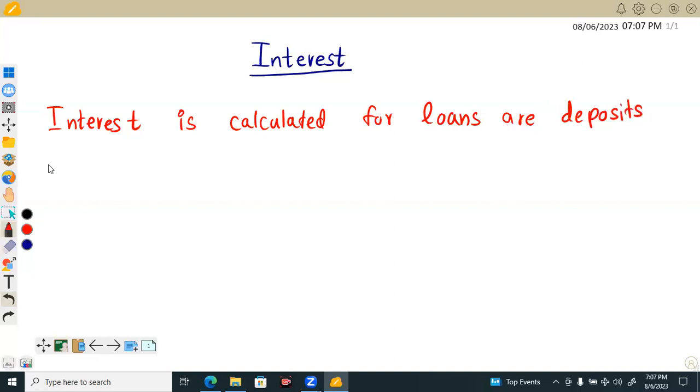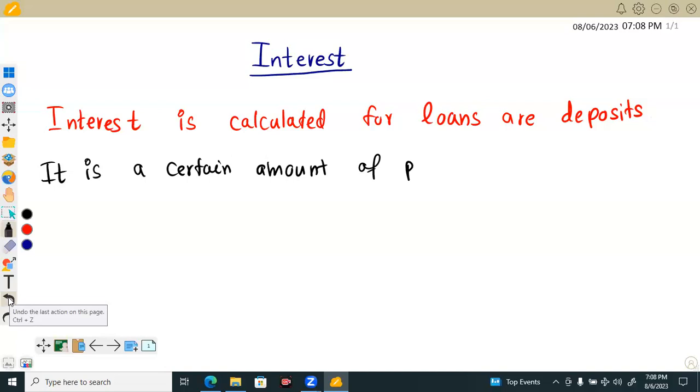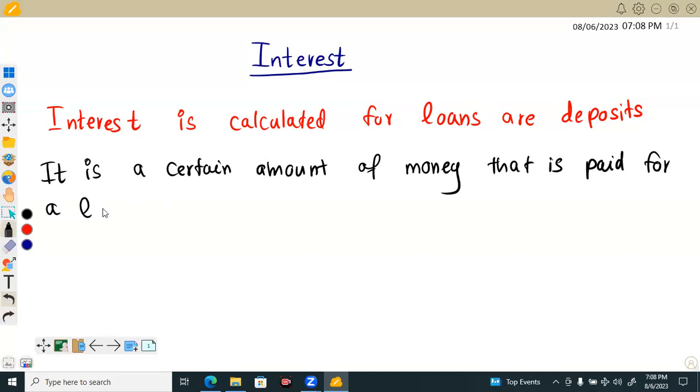It is a certain amount of money that is paid for a loan or deposit.